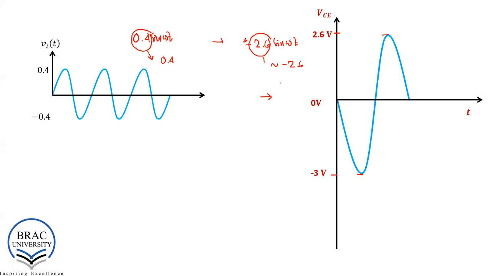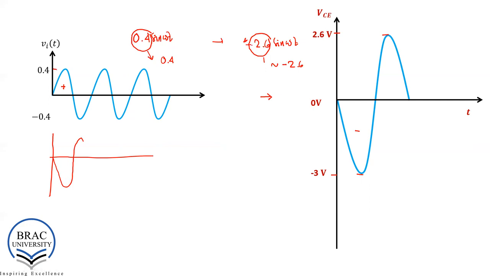Now, one thing you should notice is that the output is 180-degree phase shifted. How is that? When the input is positive, at the same instant, the corresponding output is negative. The output appears to have opposite polarity.